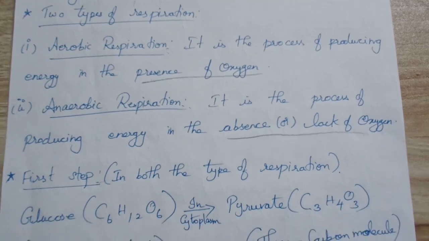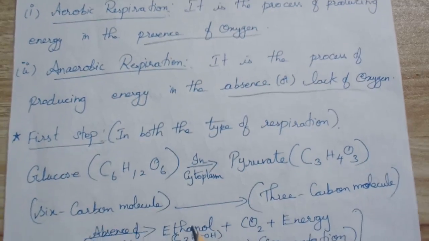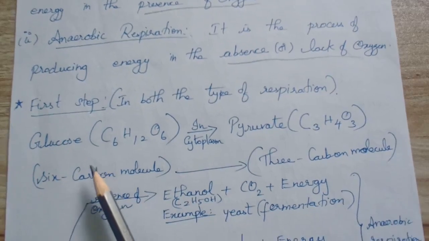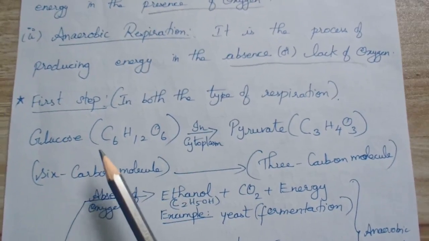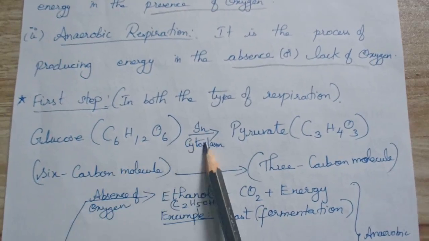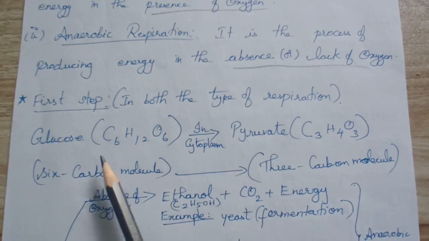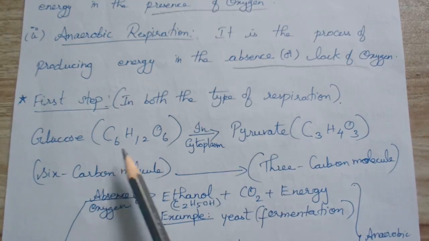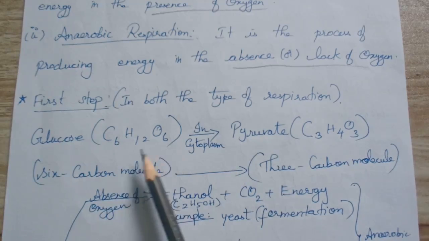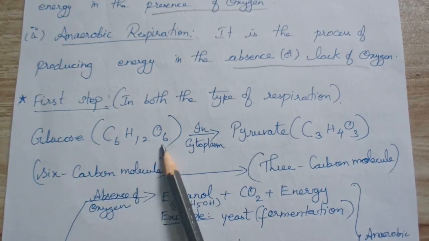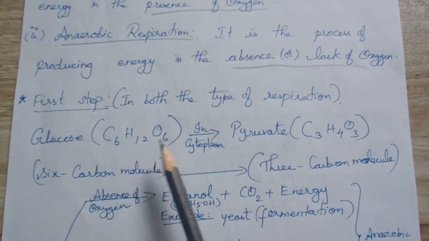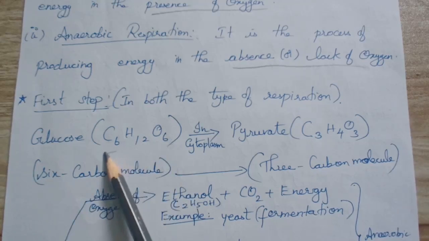So what is the first step in the respiration process? This glucose in the cytoplasm is converted into pyruvate. You know the formula of glucose is C6H12O6. Remember this, C6H12O6, a 6 carbon molecule.